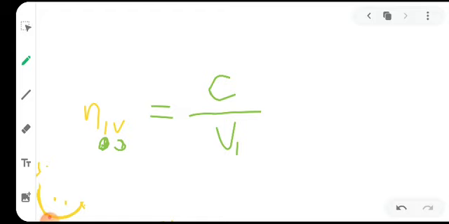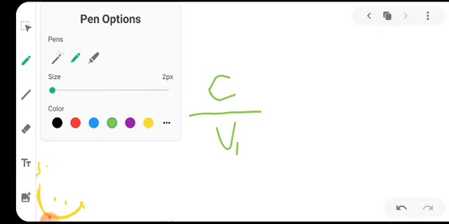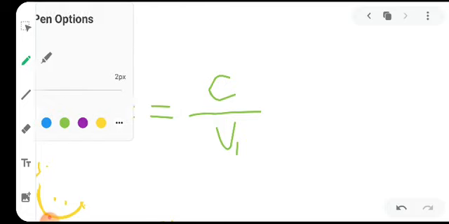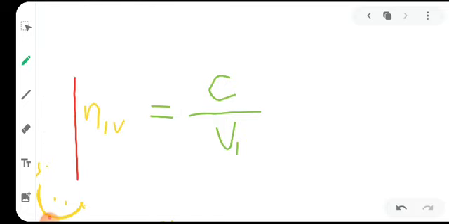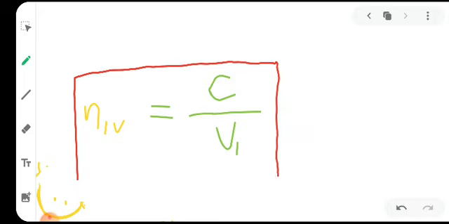So remember this definition. This is one important definition in the whole of physics. This is how you define the refractive index of any given material. So it is this ratio of the velocities of light in vacuum and in that medium.